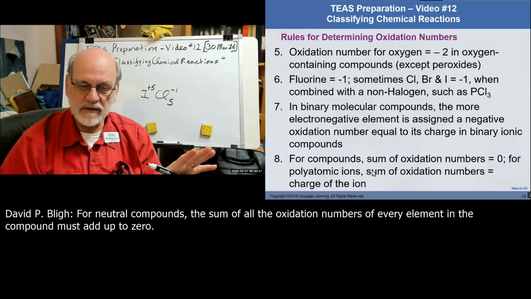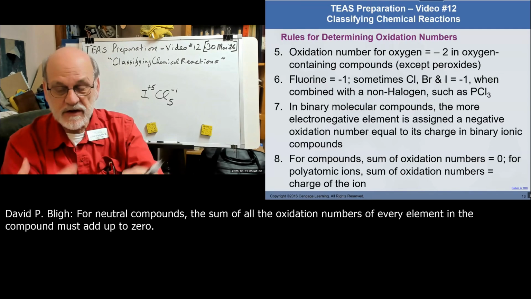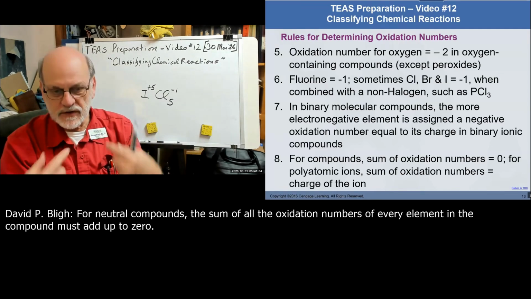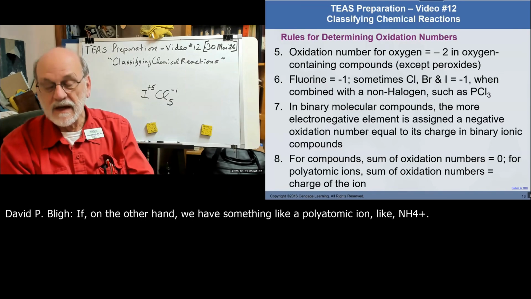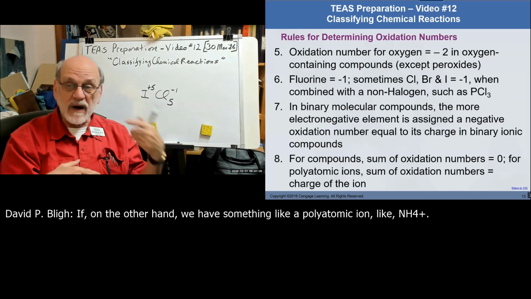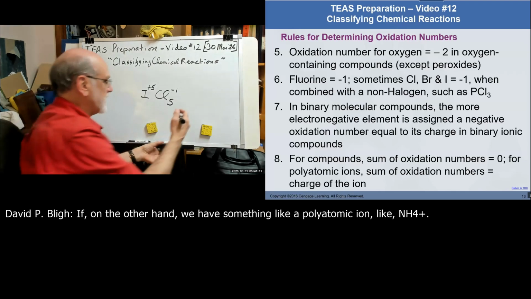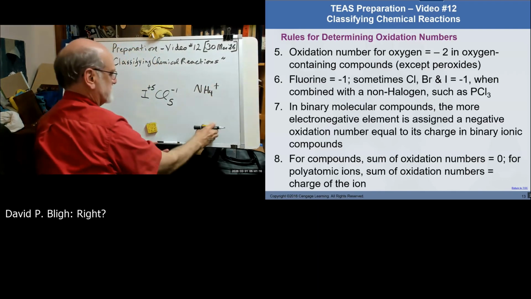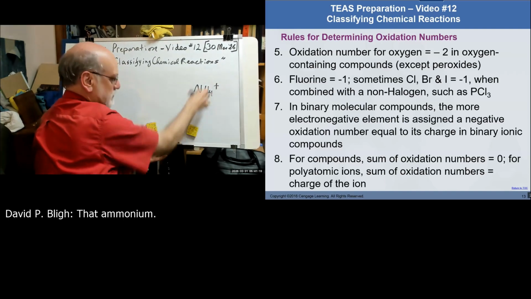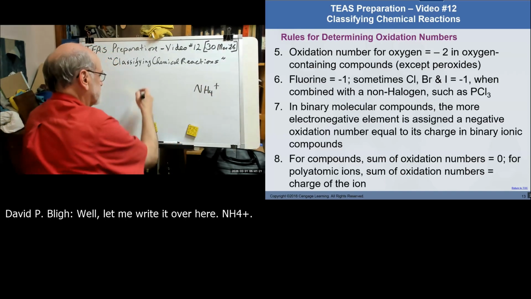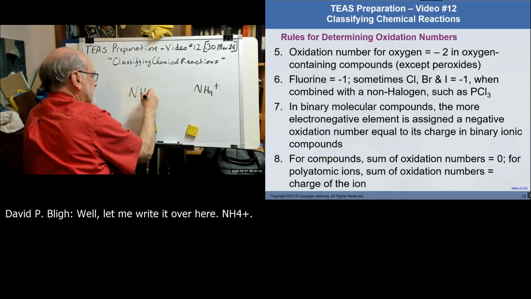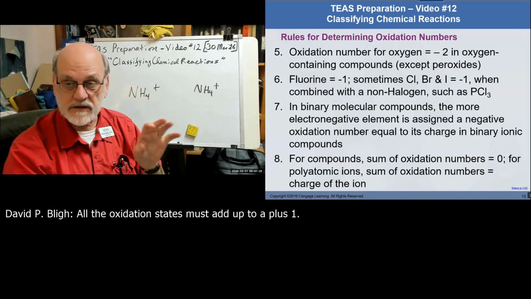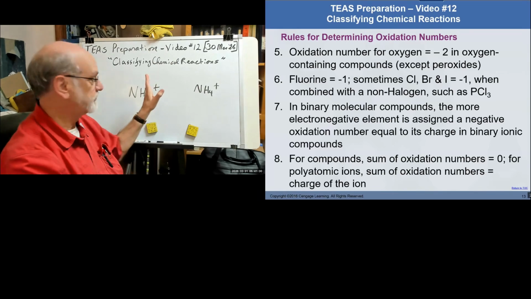For neutral compounds, the sum of all the oxidation numbers of every element in the compound must add up to 0. If, on the other hand, we have something like a polyatomic ion, like NH4 plus, the ammonium, let me write it over here, NH4 plus, all the oxidation states must add up to a +1.